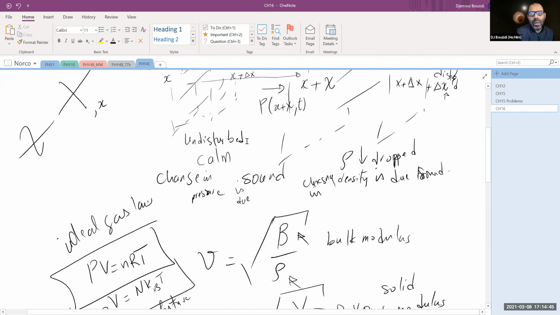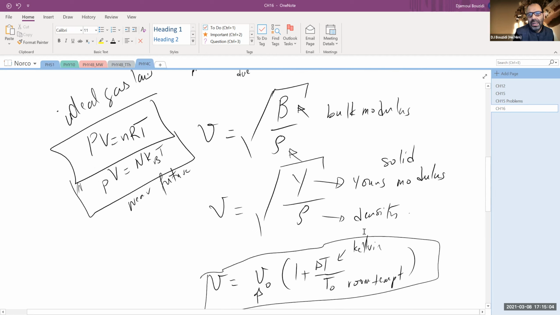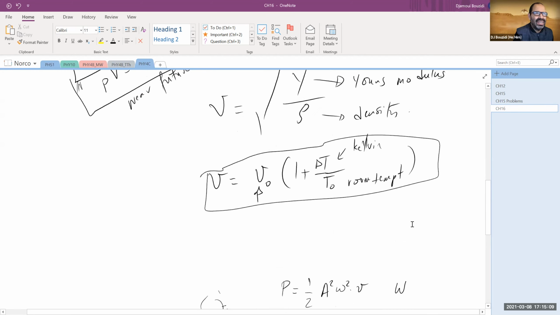Once we find it, we find that sound, in the case of solids, behaves like the square root of the bulk modulus, which again, you should have seen when you did elasticity in Physics 4A, or the Young modulus in the case of solids, I'm sorry. And I'm also going to write it in terms of temperature for the case of gas, for an ideal gas, okay? You're asking what in the world is an ideal gas? Hold on.